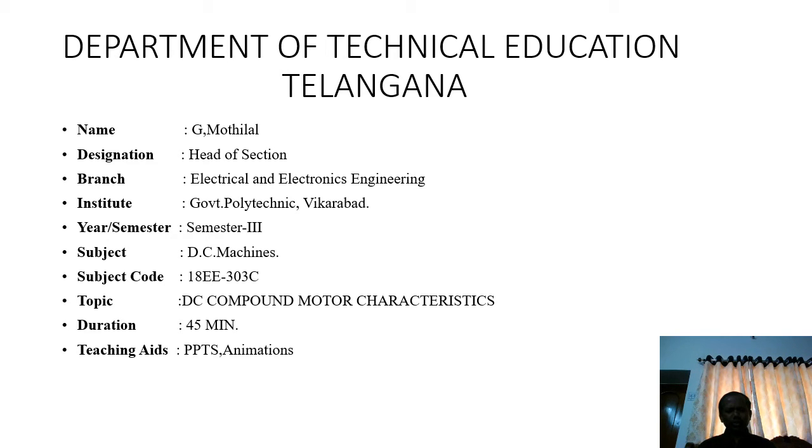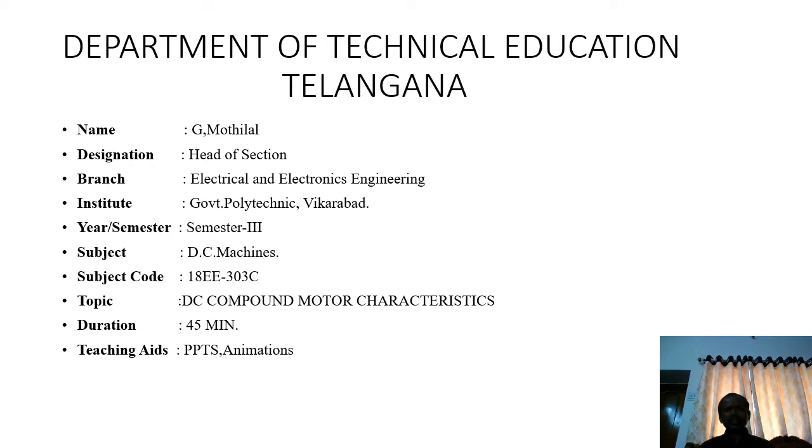And from these two, we will calculate the speed versus torque characteristics. So all this is for when we are getting the performance of the DC shunt motors, and we have drawn the characteristics of DC shunt motors.